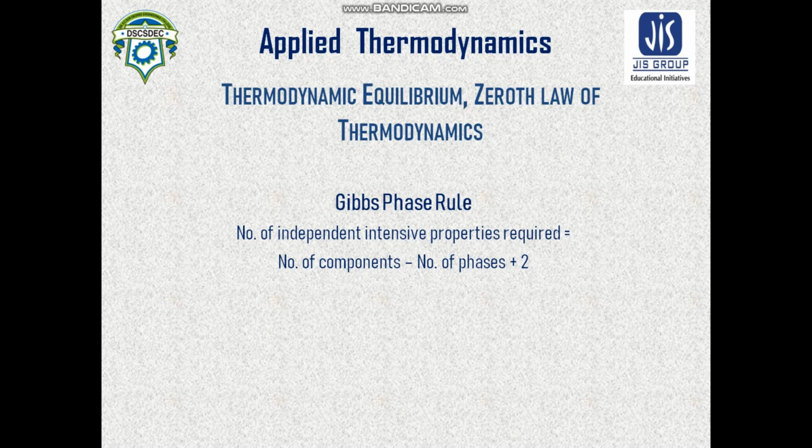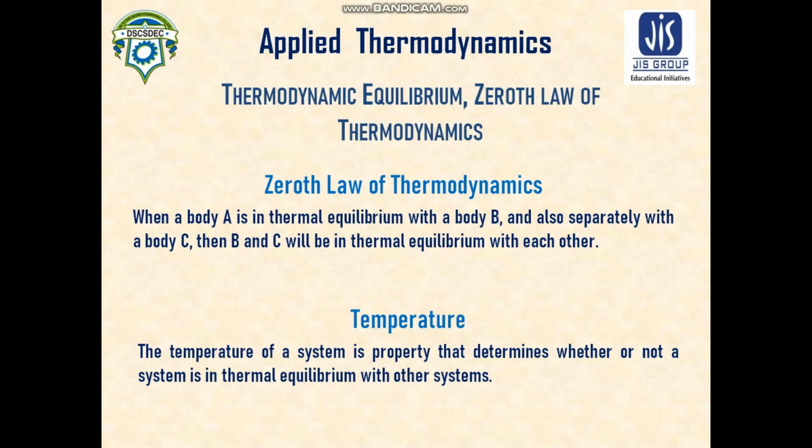So we'll be studying the thermodynamics of single component, single phase systems, and sometimes we'll also be studying the thermodynamics of single component, two phase systems. Okay, so let us move on to the next thing.